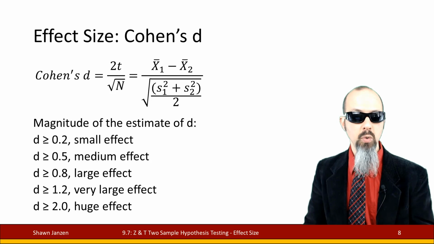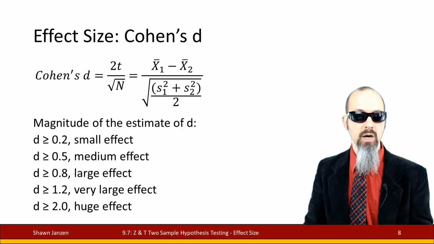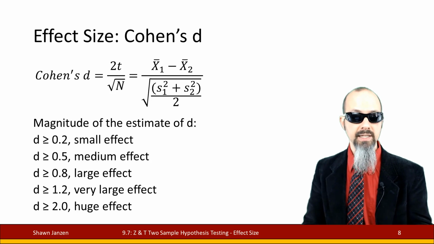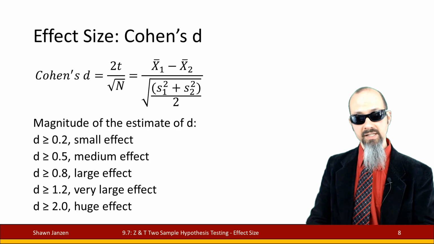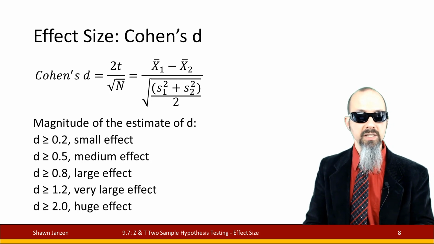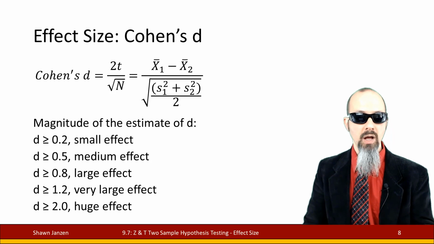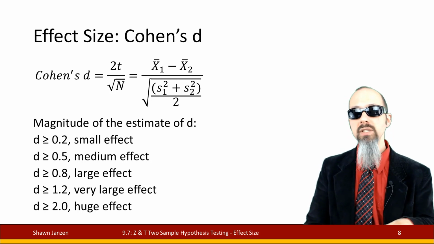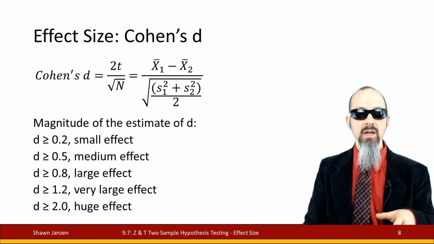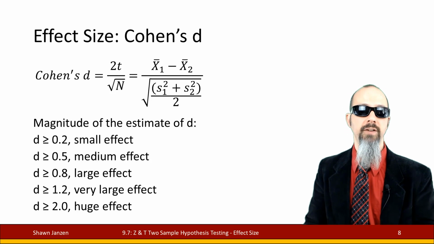So we have this pooling effect going on in the denominator before we divide it into our difference in means up top. And that's going to generate a Cohen's D, where we're going to use the supersizing french fry size chart. Now we've got small, medium, large, very large, and huge. So small, 0.2, medium, 0.5, large, 0.8, 1.2, very large, and American size, supersized fries, 2.0, huge effect, right?